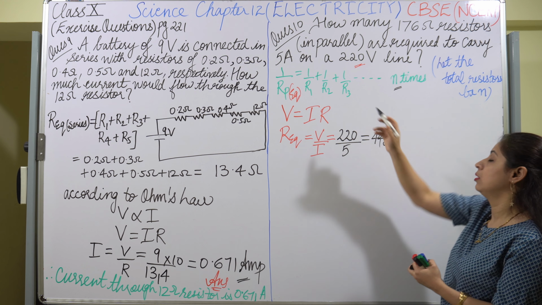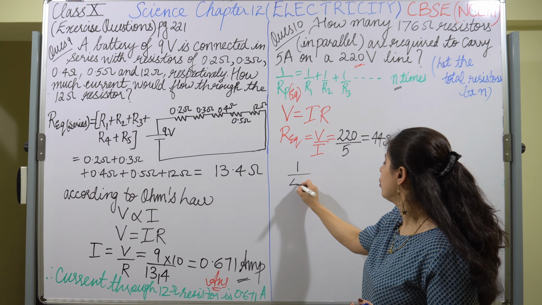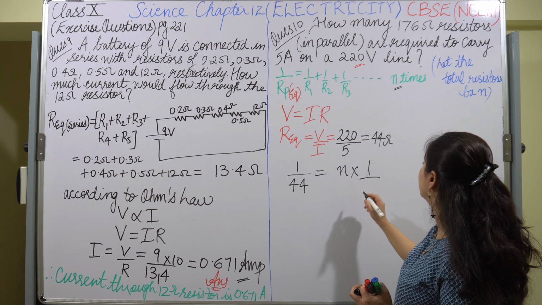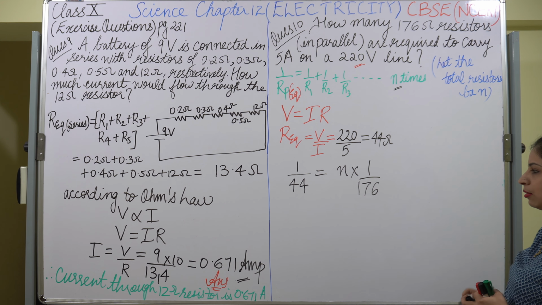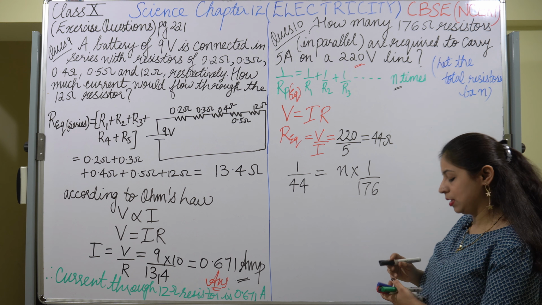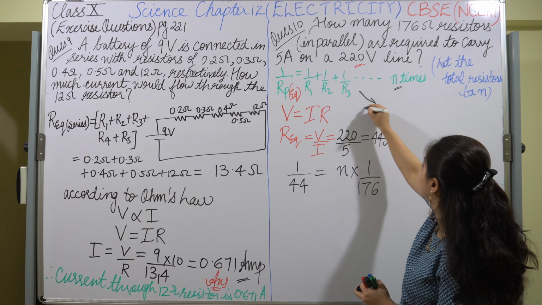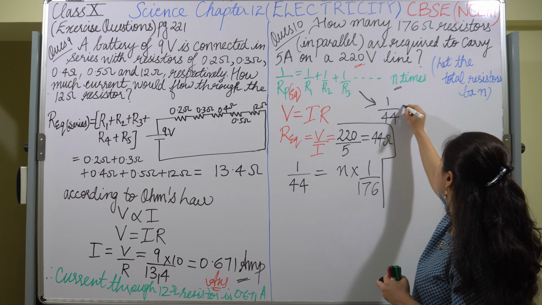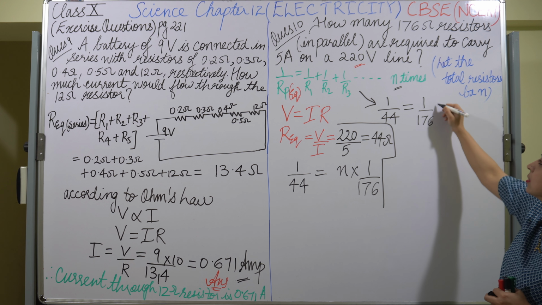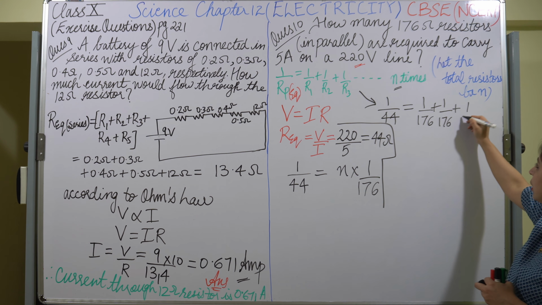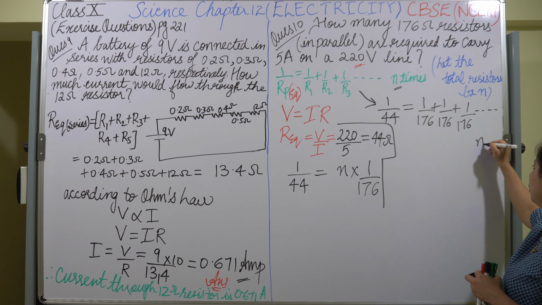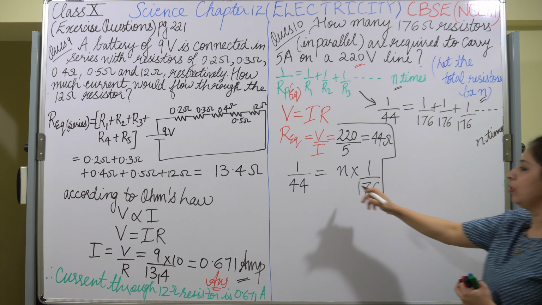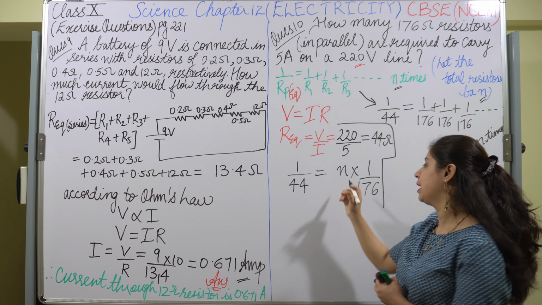In the same manner, 1/44 will be equal to n into 1/176, because it will be 1/44 = 1/176 + 1/176 + 1/176 till n times, as we have assumed it to be n times.